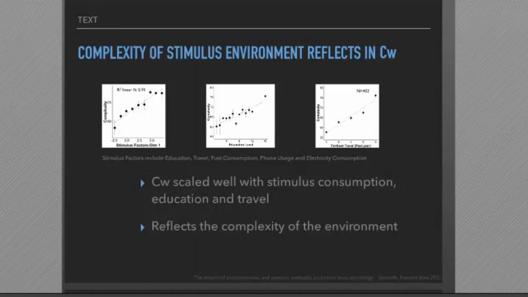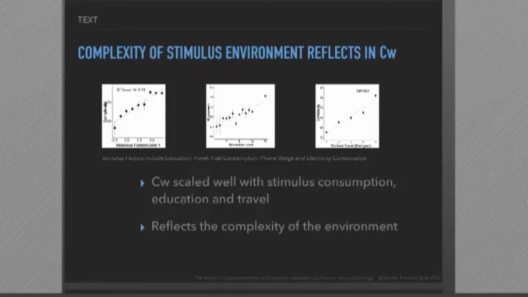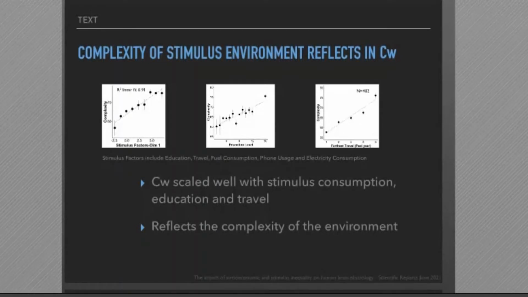When we try to break it down further, we found that complexity actually draws strong parallels with level of education. So as you can imagine, as the years of education goes up, the complexity of the environment the user goes through also increases. And that seems to be captured well by this metric called waveform complexity in the EEG itself. And we can see the same sort of linear relationship between complexity and travel patterns in these individuals.